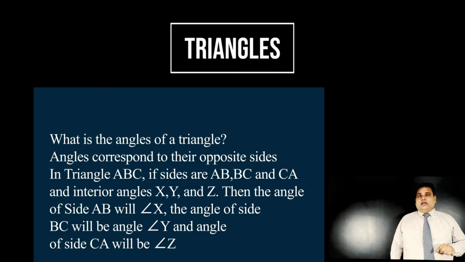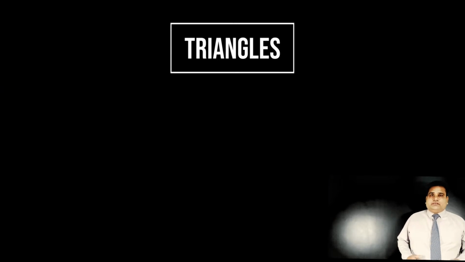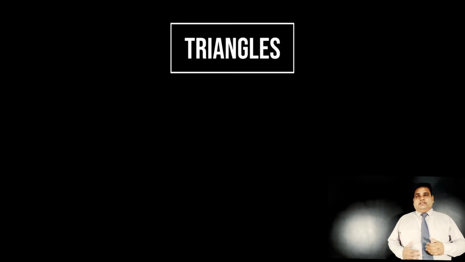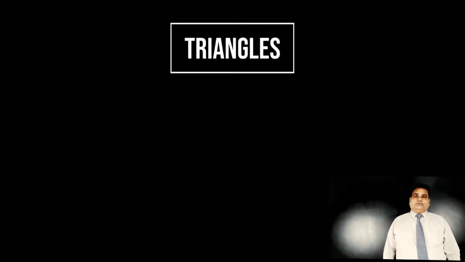So side AB is here, and opposite to that side is angle X, so the angle of side AB will be angle X. This is a very small concept but very important, as most of the time we may get confused.